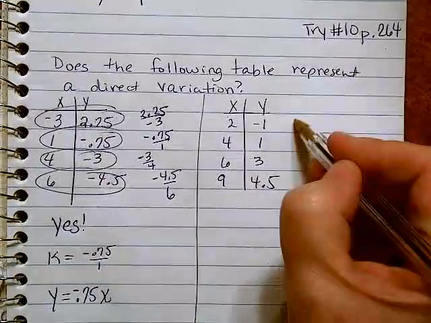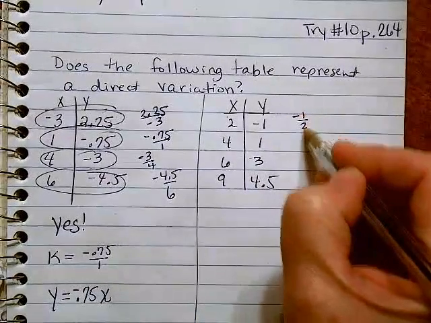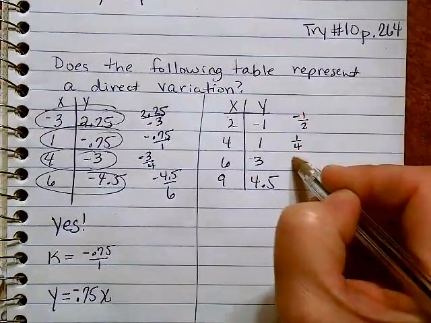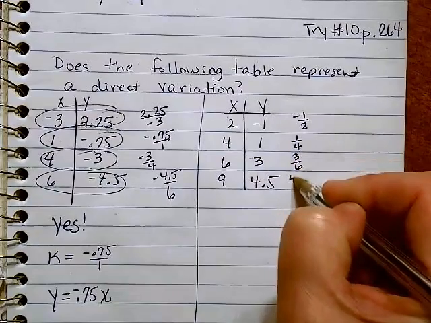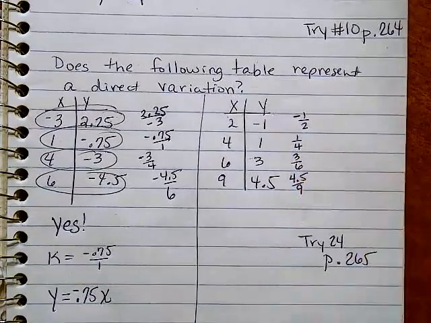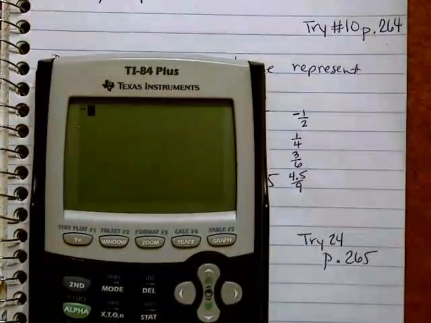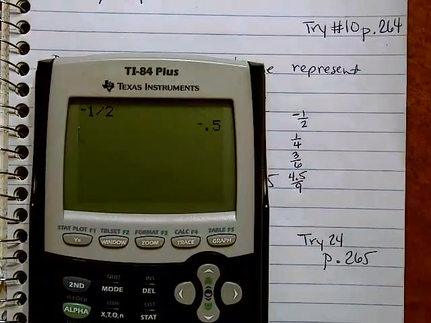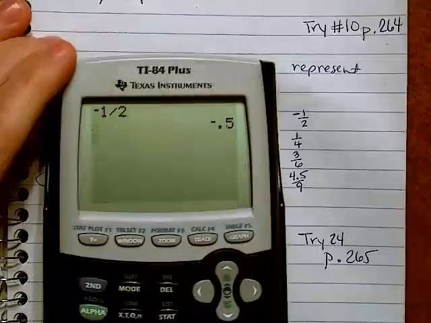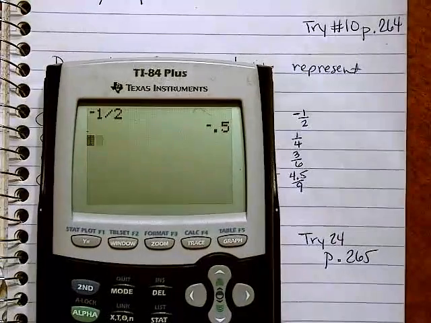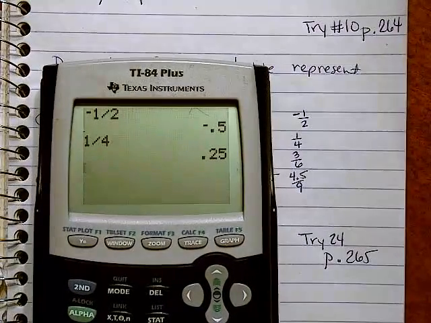Okay, let's look at this one. We're going to make the ratios negative 1 over 2, 1 over 4, 3 over 6, 4.5 over 9. We're going to compare these ratios. Negative 1 over 2 is negative 0.5. 1 over 4, negative 0.25.